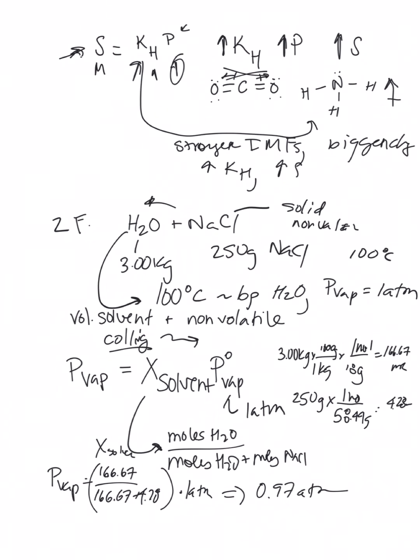So if we have 3 kilograms of water and we add in 250 grams of salt, it's going to lower the vapor pressure just a little bit, but it's a big enough difference that we can calculate it. For G and H, we approach the problem in the exact same way, except for G, instead of sodium chloride to make brine, we're using sucrose.